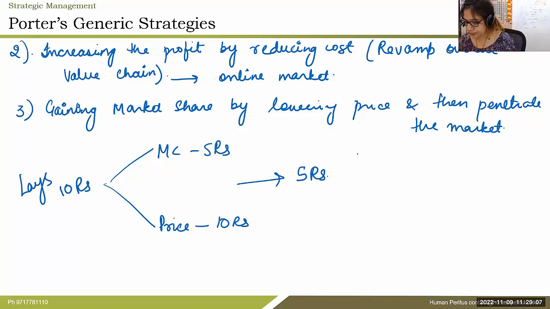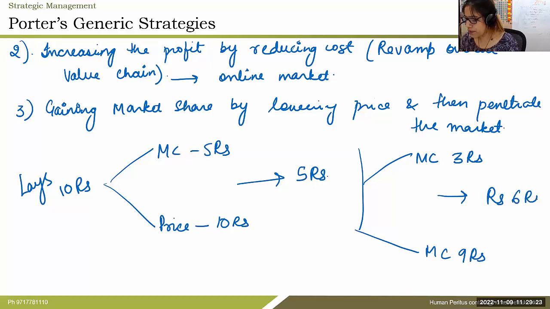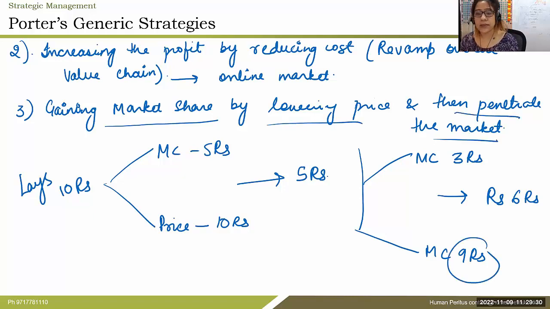Now imagine, even if you manufacture it for 3 rupees by efficiently working on your value chain, and you sell it for 9 rupees, here also the profit margin is 6 rupees. So gain the market share by lowering the price and then penetrate the market, right? This one was the cost leadership.